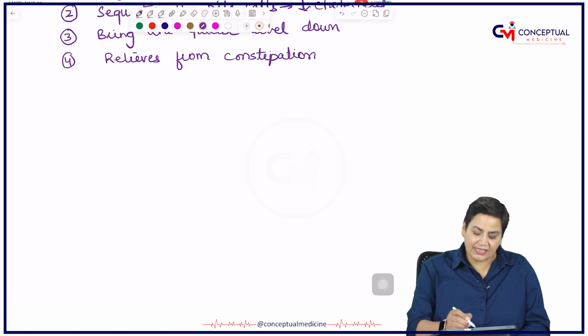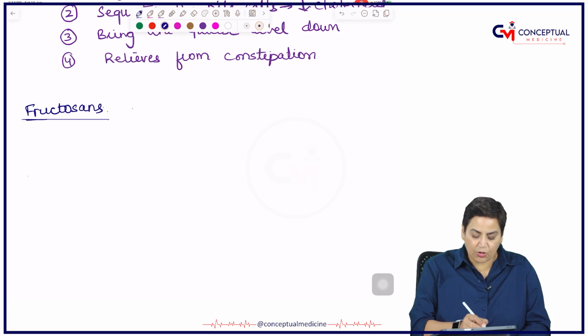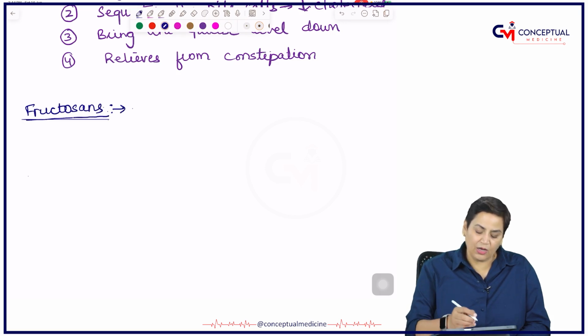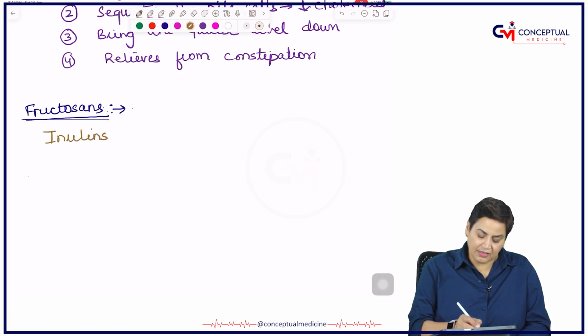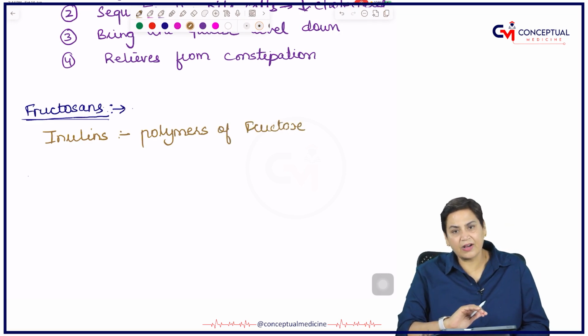Then second is fructosans. And fructosans are again polymers of fructose, and the only example is inulin. Inulins are the polymers of fructose. And what is the function of inulins?